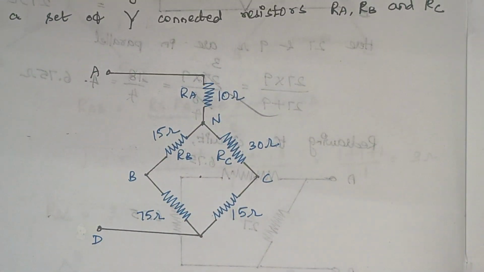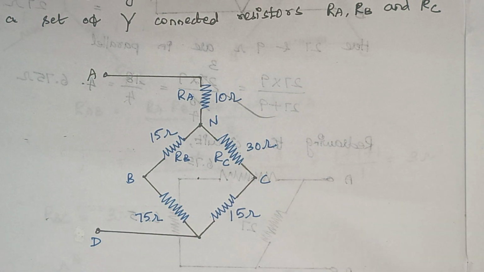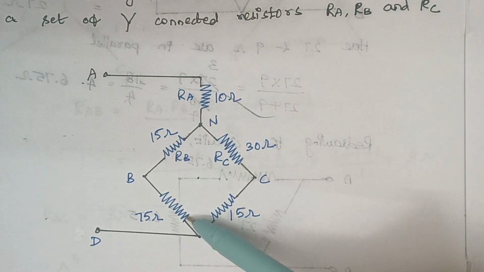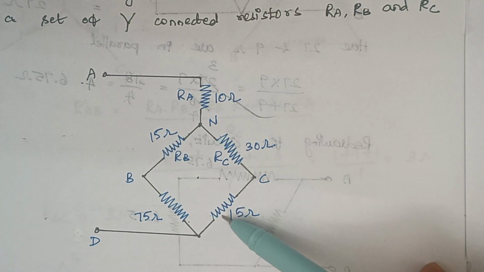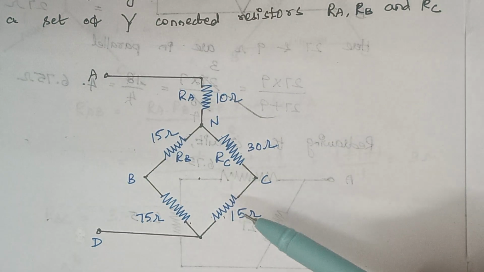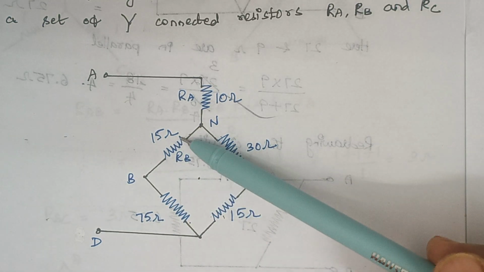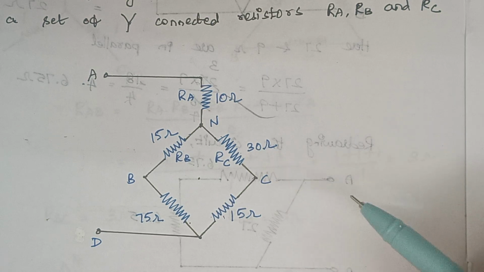So finally we end up with a diagram like this. Now, how to calculate the total resistance? From the diagram, these two resistors are in series, and again these two resistors are in series. How to combine resistors in series? You just have to add. That is 75 plus 15 forms one resistor, and this 30 plus 15 forms another resistor.